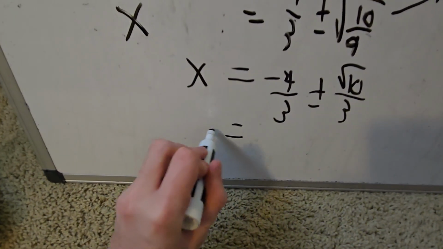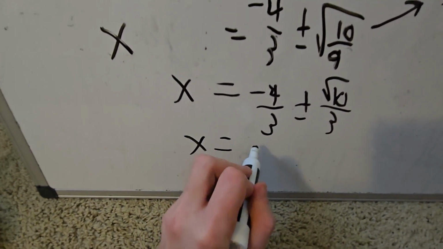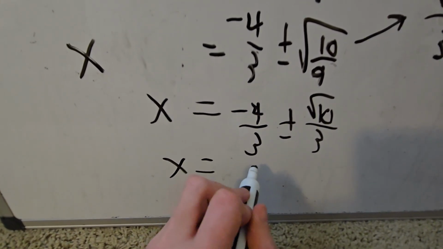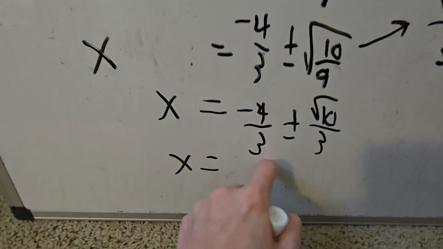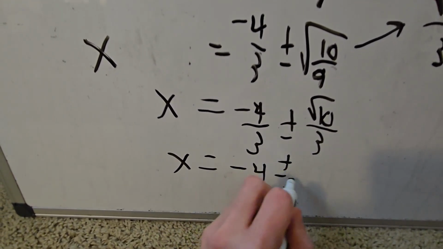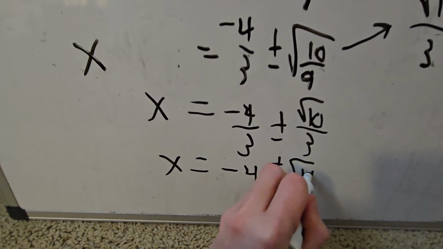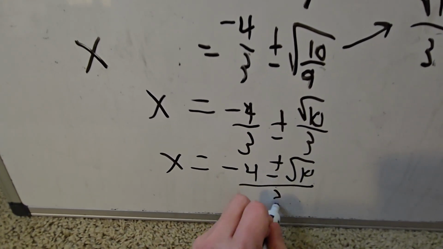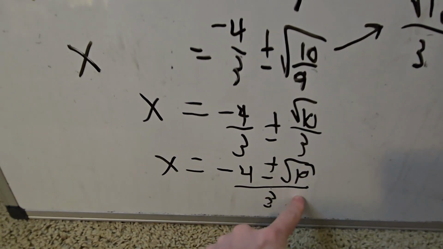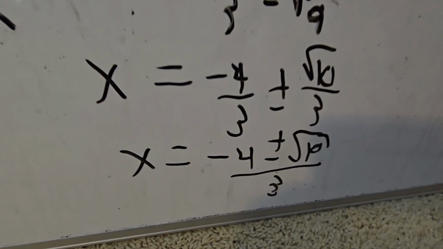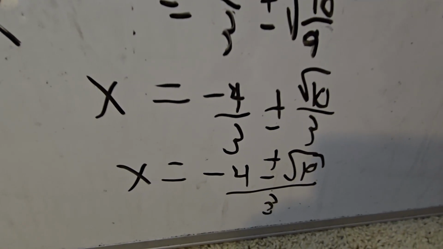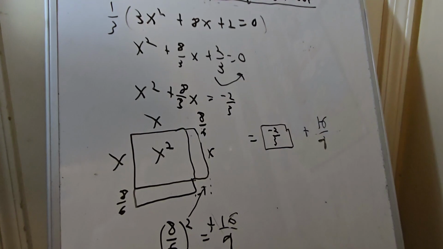But then we can put this in a recognizable quadratic form because these have the same denominator. We can say negative 4 plus or minus square root 10, all over 3, which is what you would get if you simplified substituting all of this into the quadratic equation.